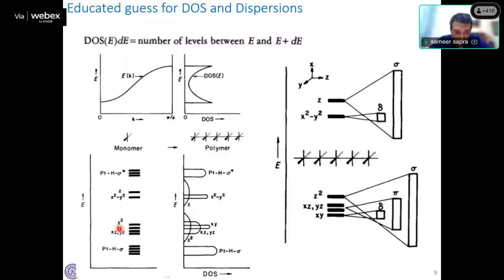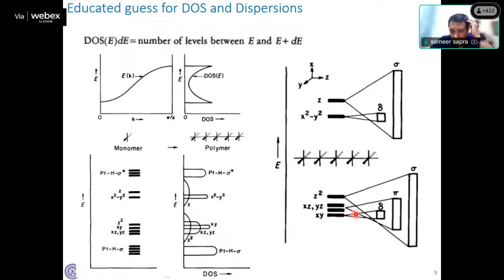Only those d orbitals that point along the z direction are the ones that are going to interact. So z square would interact the most, so that would be a band which is more dispersed. It's not so flat. XY, being in the XY plane, doesn't interact, so it's a very flat band. And XZ or YZ also has some component along the Z direction, so that also interacts a bit.